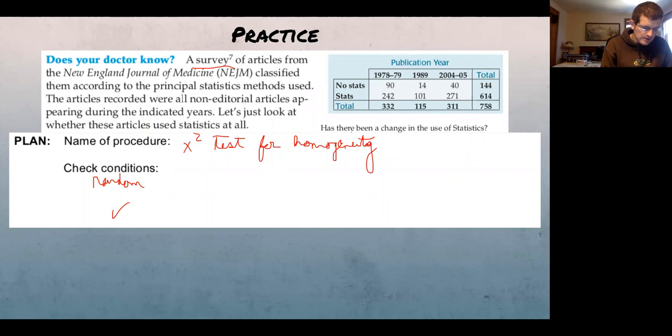The 10%. Here's where we just have to assume if we've got 332 and this is a survey, I will assume that for all 3 of these samples, that this was less than 10% of the population. So here's where I might put a statement.